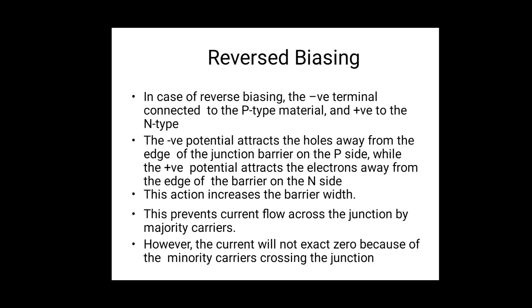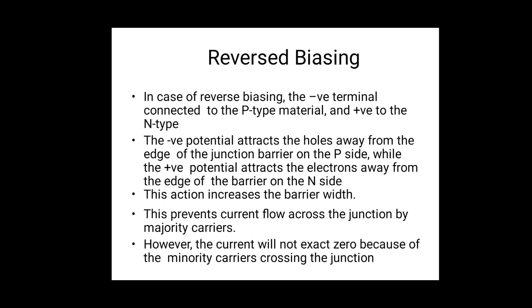This increases the barrier width, that is, the depletion region width, and prevents the current from flowing across the junction by the majority carriers. However, the current is not exactly zero, because of the minority carriers crossing the junction.